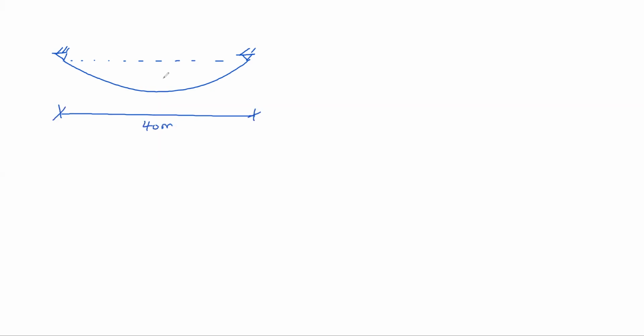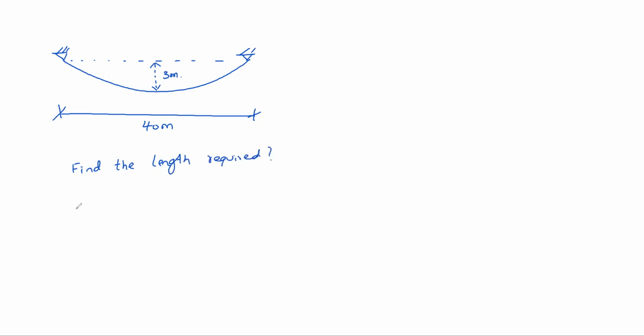Example, a question can be in the GATE exam like this. A parabolic cable is like this. For a span of 40 meters, if you want to have a depression of 3 meters, find the length of the cable. Find the length required.